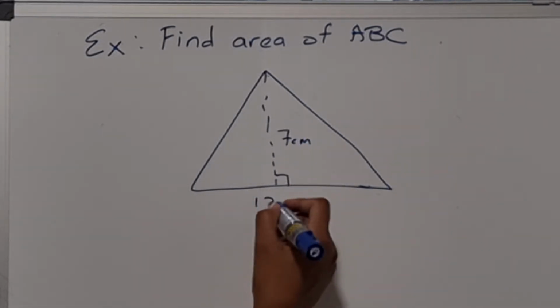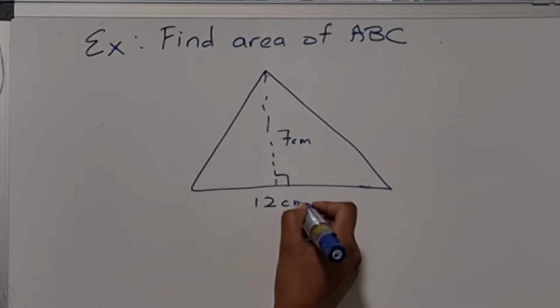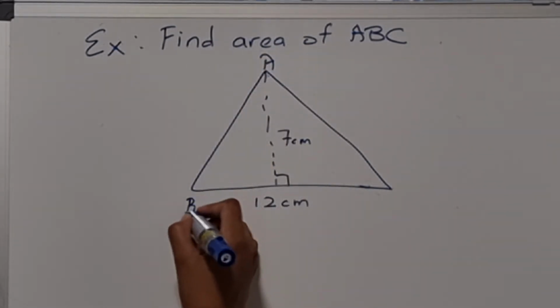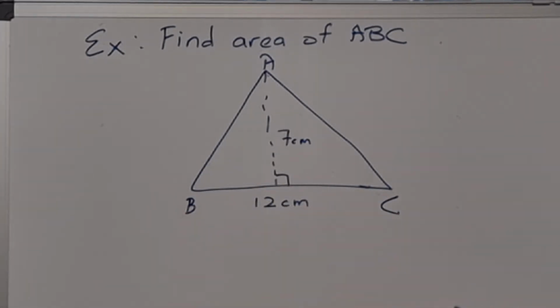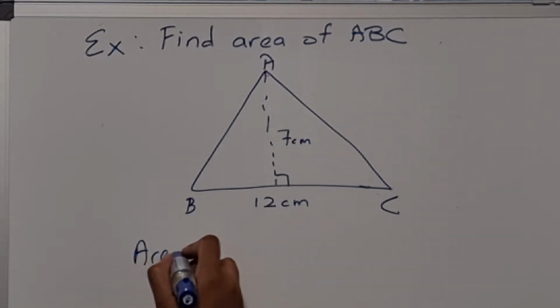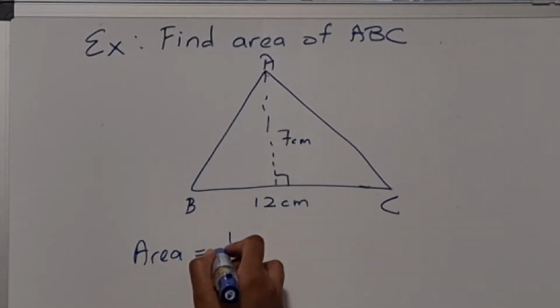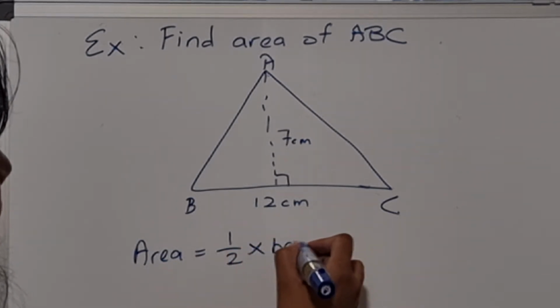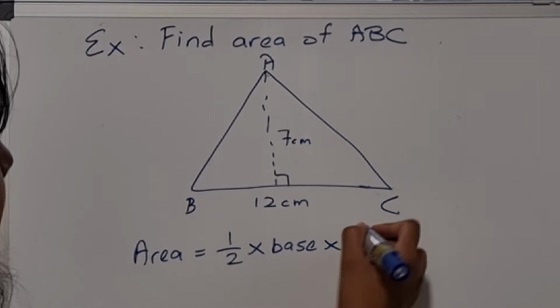This is the base. Let's label the triangle. Okay, and then now always write down the formula. So area equals half times base times height.